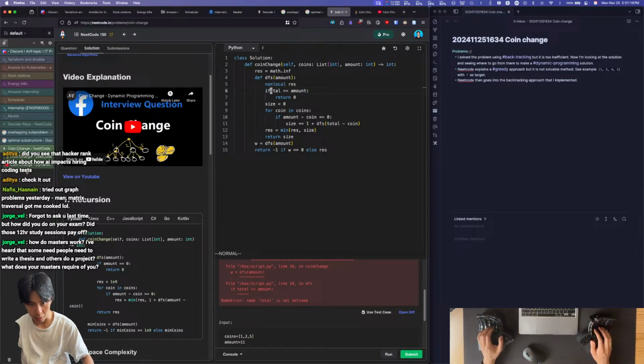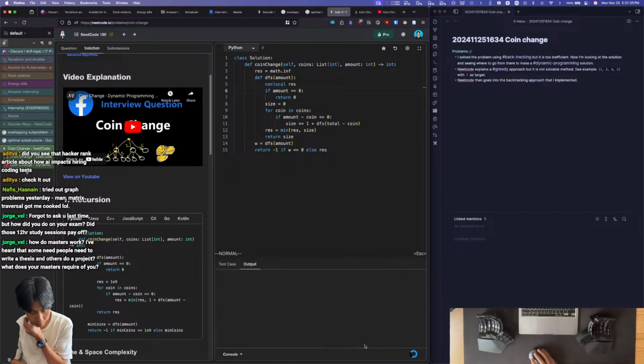If amount equals 0, -1, -1, -1, ways is 0.